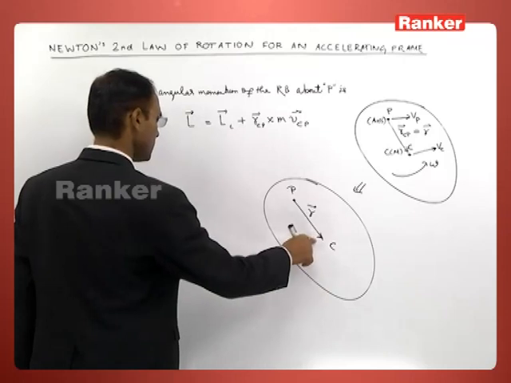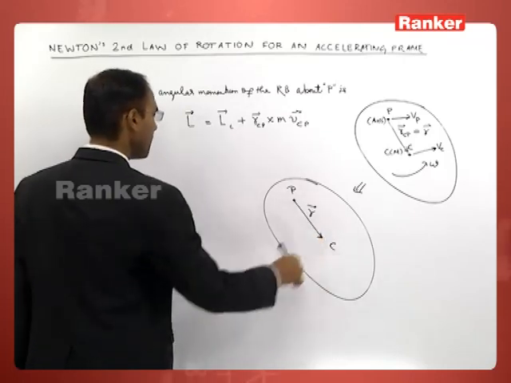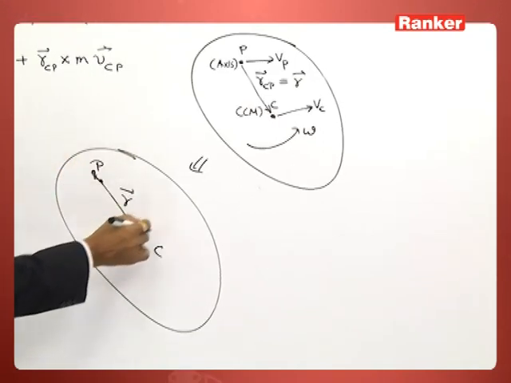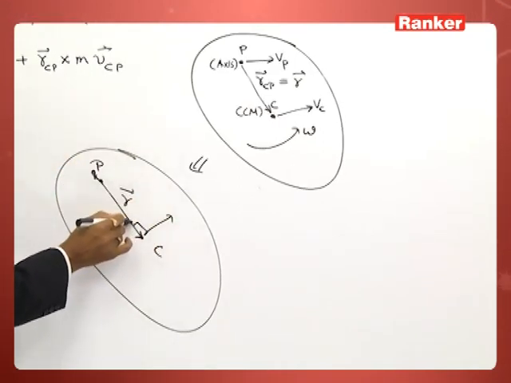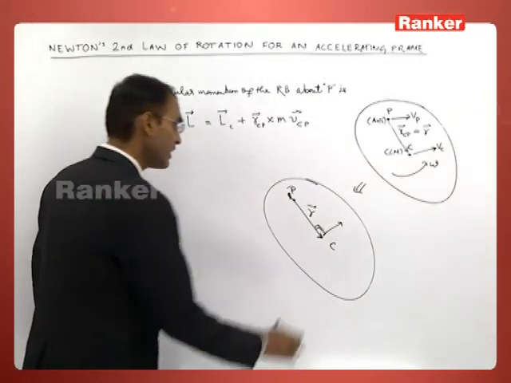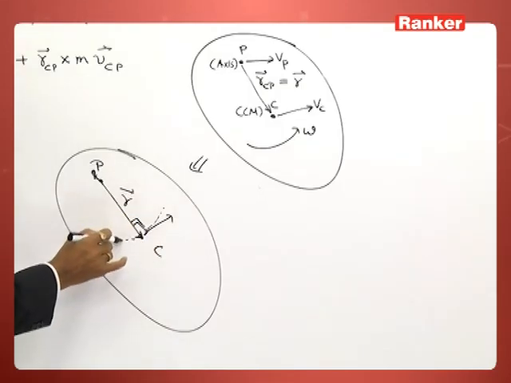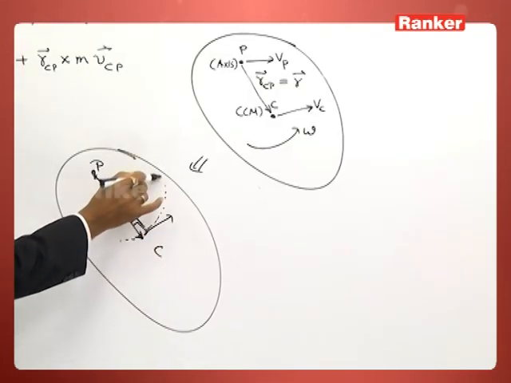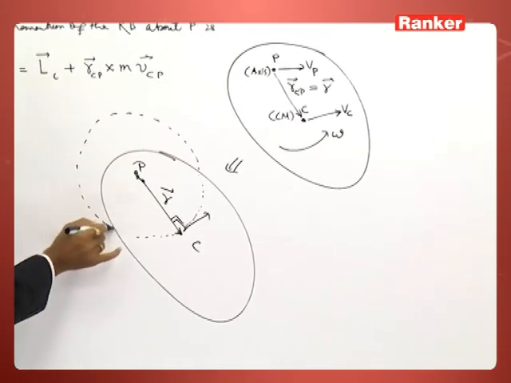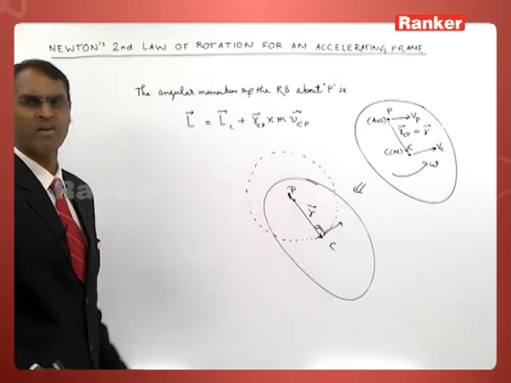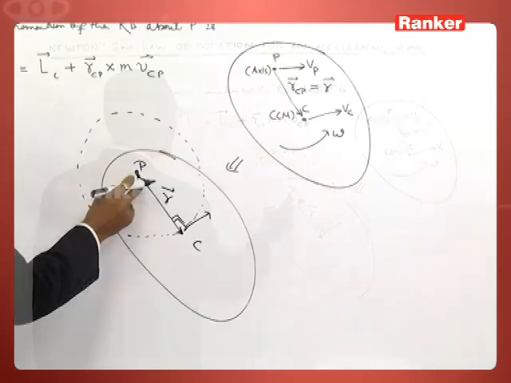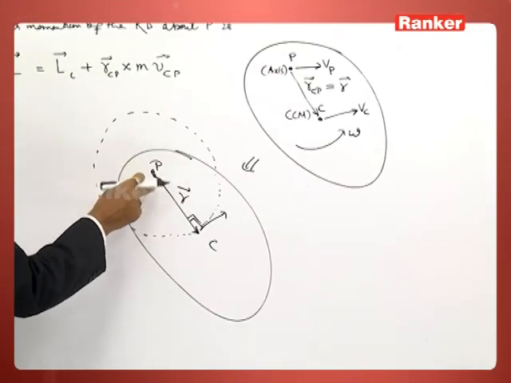The velocity of the center of mass with respect to this point: if you stand at this point, you can see that the center of mass is moving perpendicular to this vector, because the center of mass moves in a circular path with respect to this pivot, accelerating pivot, or you can say moving pivot whose velocity changes.